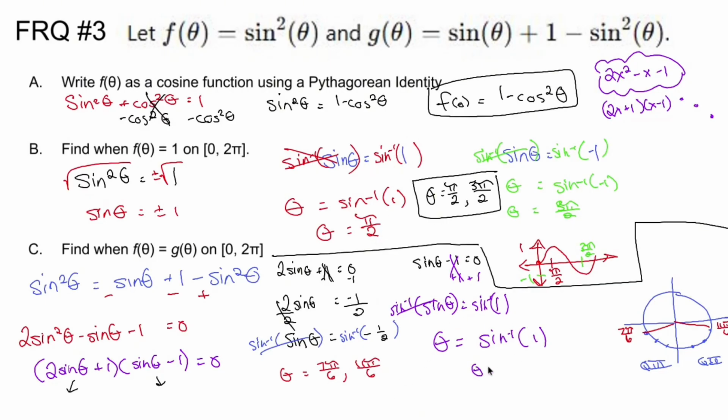So this is going to be theta equals pi over 2, which is here. So writing this all out in one final answer, we have theta equals, in order, pi over 2, 7 pi over 6, 11 pi over 6. And that, ladies and gentlemen, is how you do it.